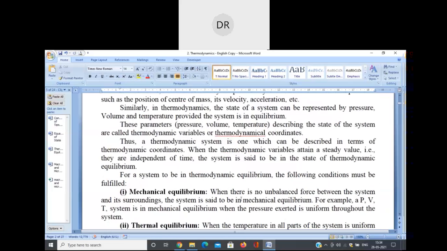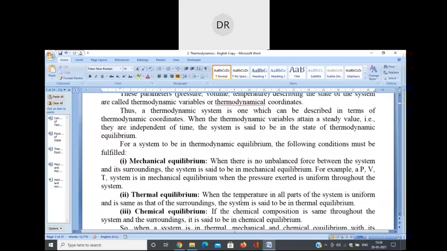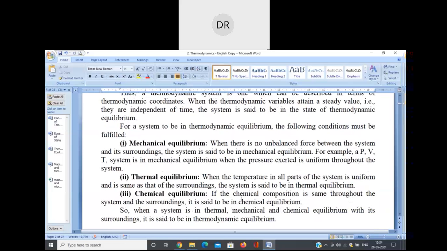So here, what is mechanical equilibrium? What is thermal equilibrium? Chemical equilibrium? Mechanical equilibrium of a system means the mechanical energy of a system remains constant. That means the system cannot give more energy to the surroundings, or absorb more energy from the surroundings.